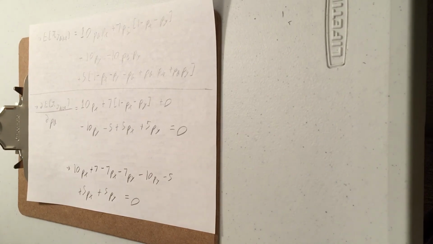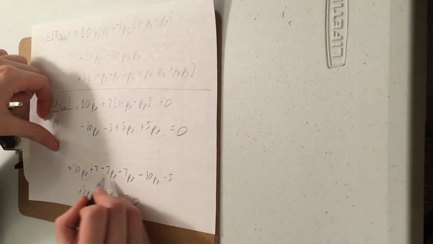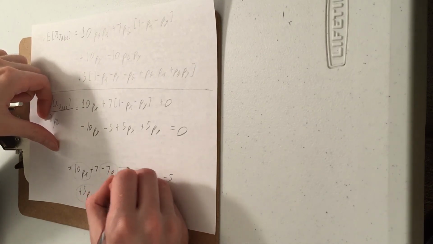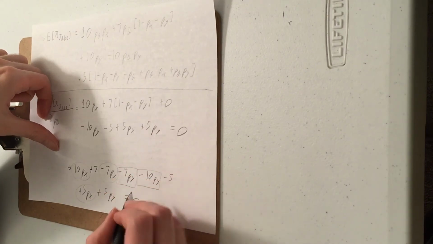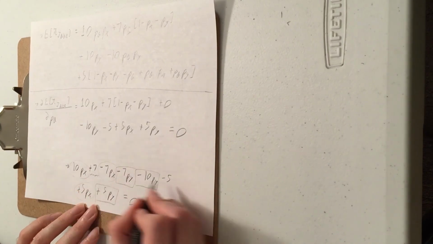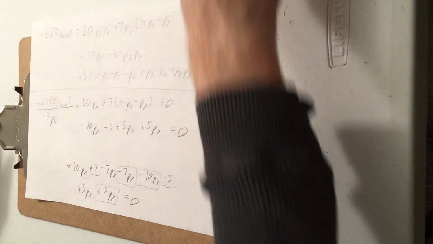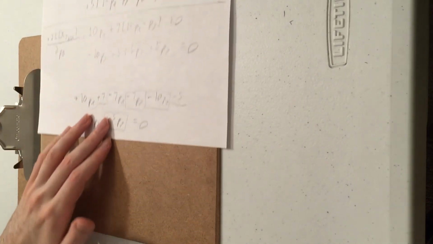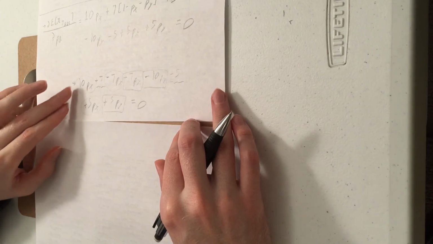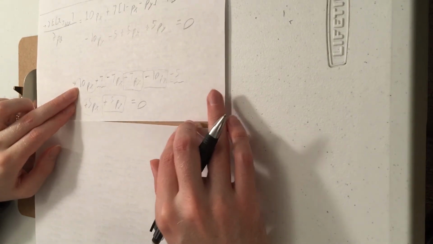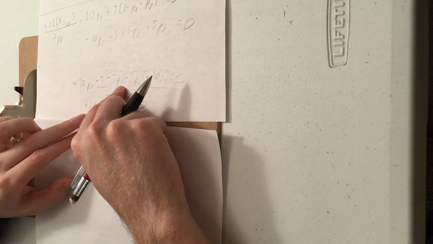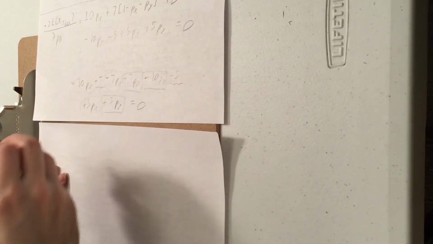Let's combine like terms. So here I have my PX's. And there I have my PY's. And I have constants. So plus 10 PX minus 7 PX, that'll be 3 PX. 3 PX plus 5 PX is 8 PX.